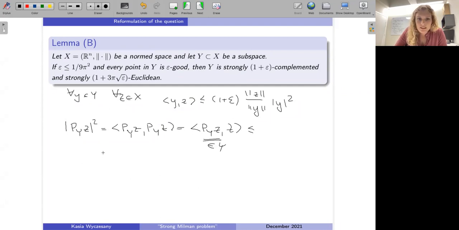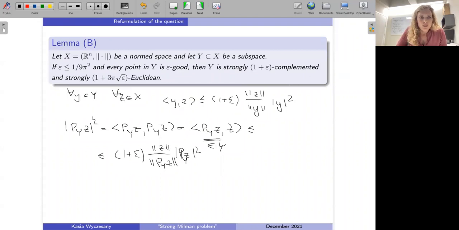So we get that this is less than or equal to 1 plus epsilon times the norm of z times the norm of P_Y z. And therefore, rearranging, indeed this is a 1 plus epsilon strongly complemented subspace.